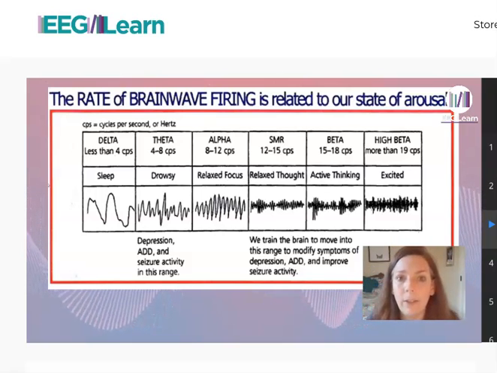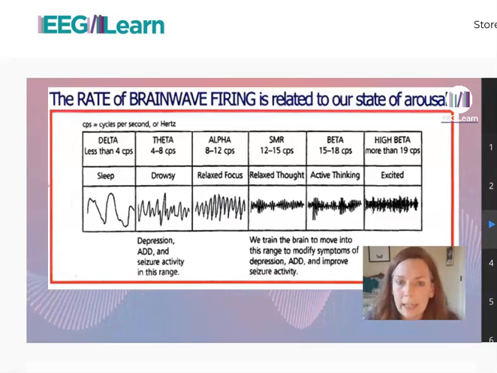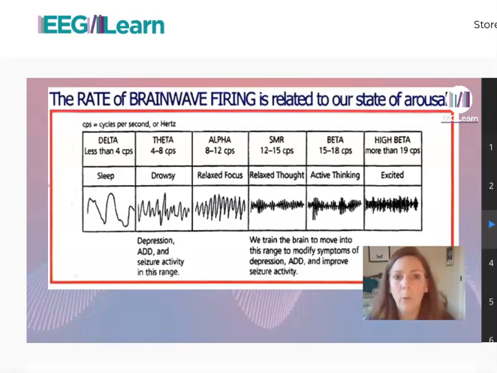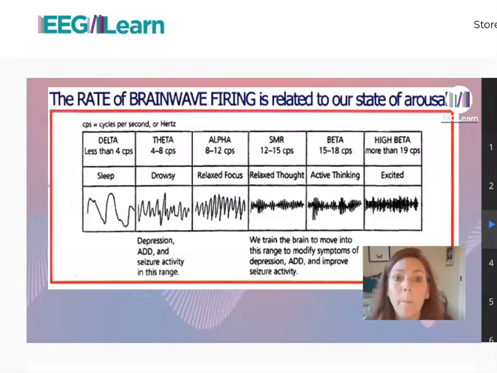Well, why is this even important to know? If you can identify someone's actual idling speed, it's like knowing where north is on a compass. When you can find north, you can find east or west. Honestly, most adults idle somewhere around 10 hertz.